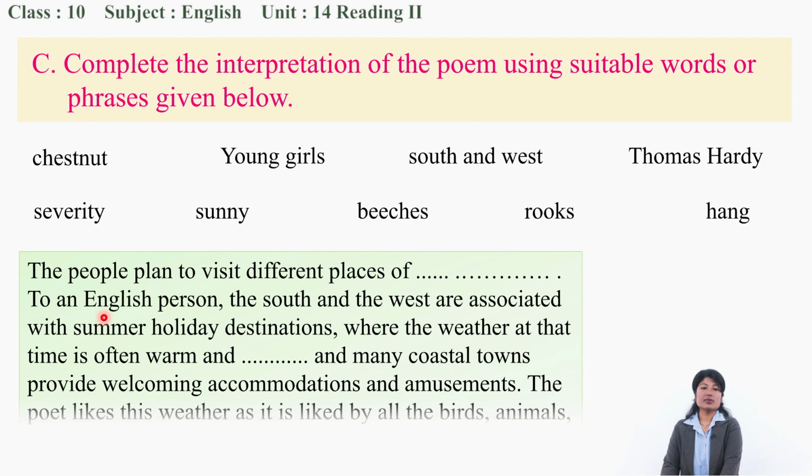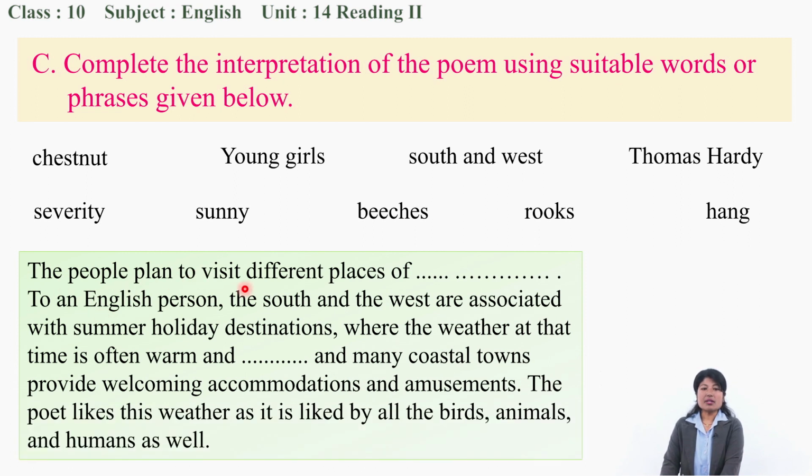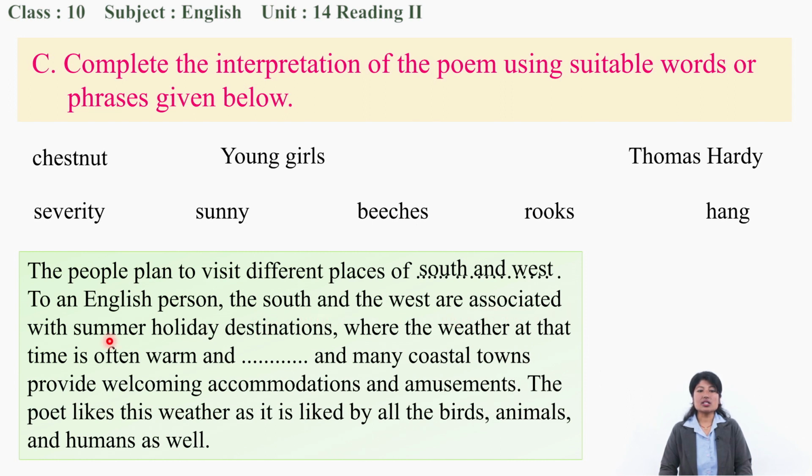Continuing the same, the people plan to visit different places of, which place? Yes, south and west. To an English person, the south and west are associated with summer holiday destinations, where the weather at the time is warm and, how is that time?